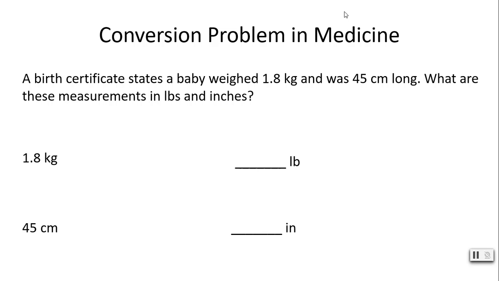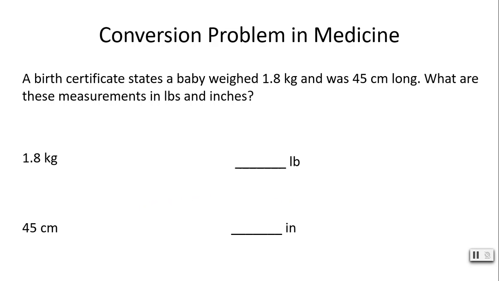Let's attack the 45 centimeter one first, since we were able to do that in one step. So if you look at the conversion unit table from your text, it was in the previous video, we know that there are 2.54 centimeters in 1 inch.